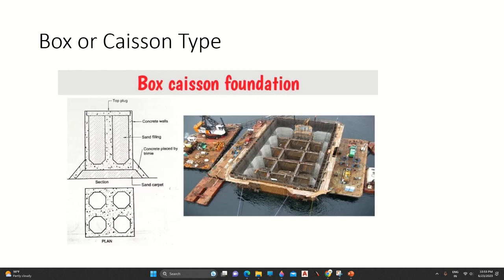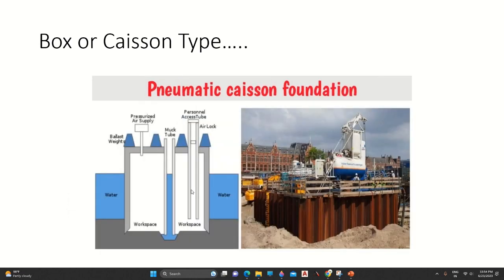So next is the box or caisson type. Especially this type of foundation is adopted in a hydraulic environment, especially where you need to install your machines under the water.